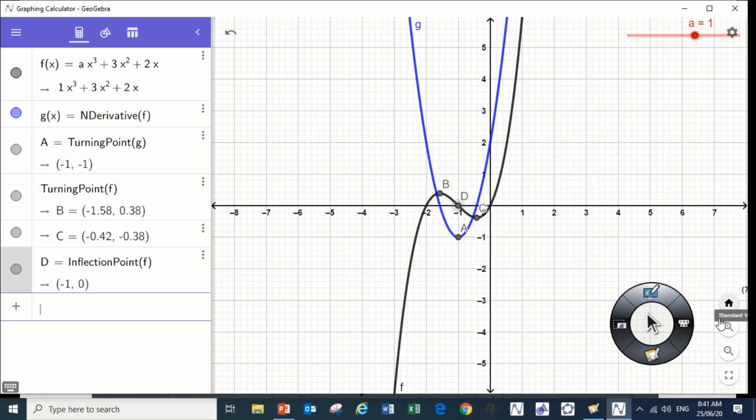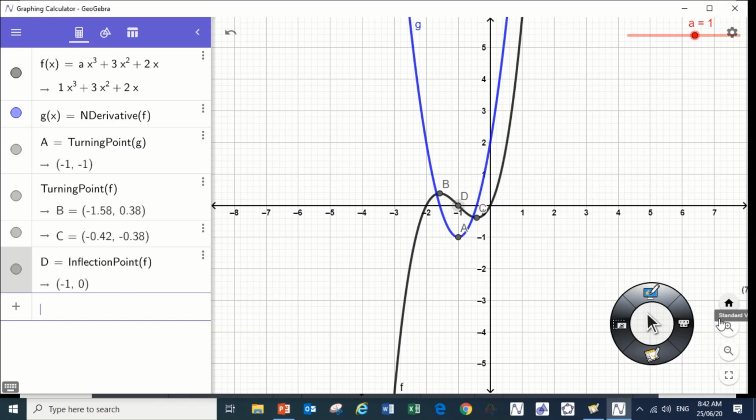What do you see? Yes, Tesha? The x value of the turning point of the quadratic is the same as the x value of the point of inflection. Yes. So the x value at the point of inflection of the cubic graph is the same as the x value at the turning point of the quadratic graph.